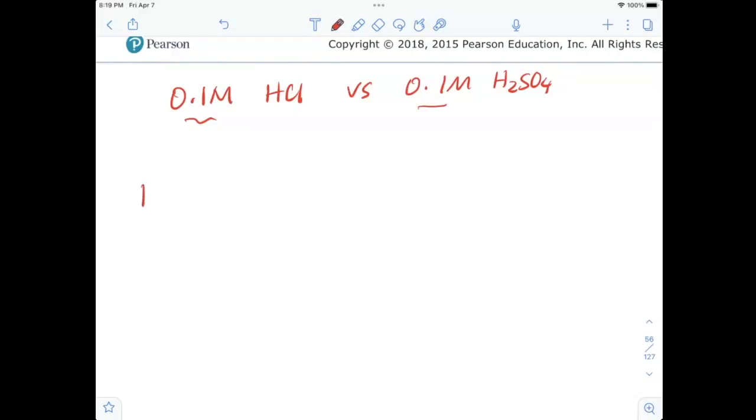So I'm going to take my HCl aqueous, react this with water, liquid, and then since it's a strong acid, I have to use a one-way arrow. And then with acids, you're always making H3O plus, because this is an acid, it has to correspond with this. And so the H3O plus means the hydrogen is going over here.